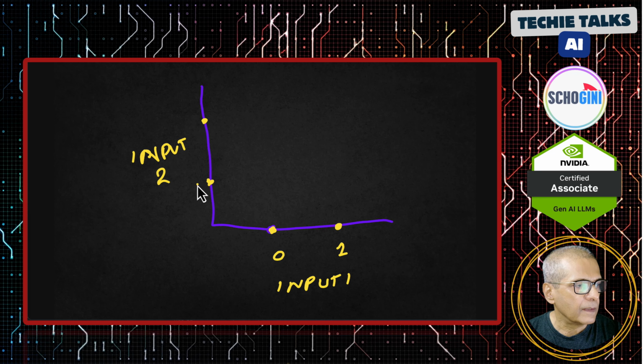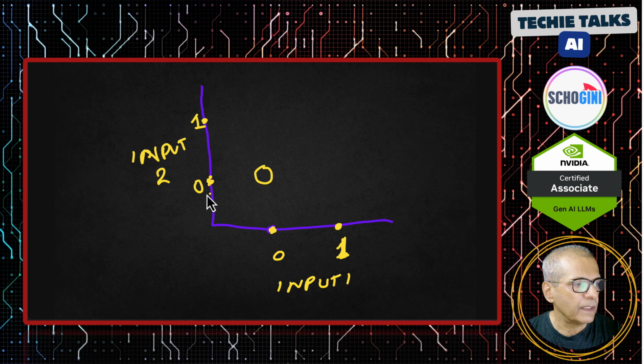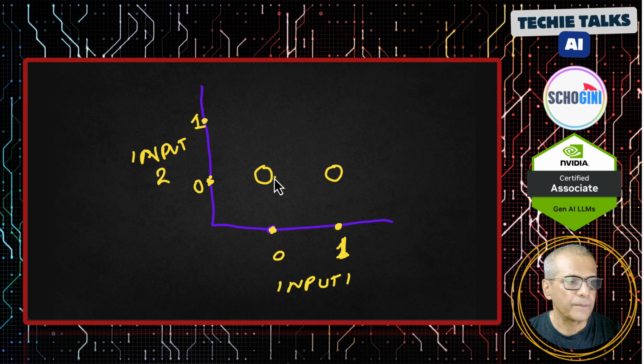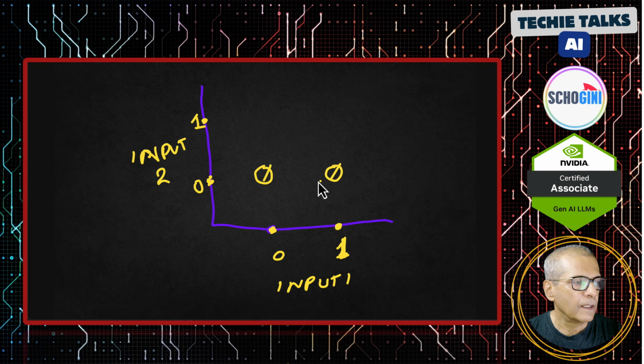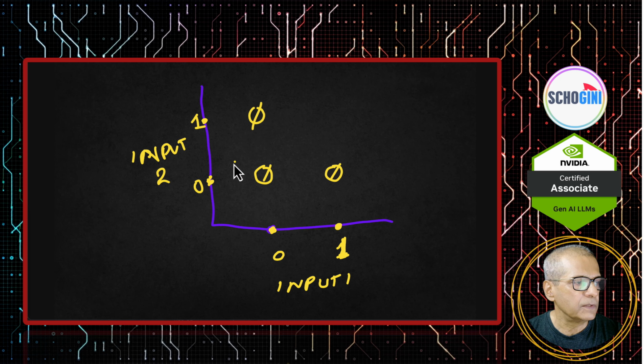So in case of AND gate, both inputs are 0, output is going to be 0. And if one input is 1 and other input is 0, there also output is going to be 0. Okay, and here also the output is going to be 0. This is clear. If both inputs are 1, the output will be 1.